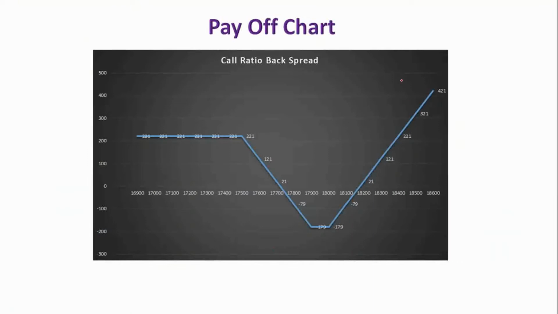You can also see the payoff chart of the call ratio back spread. This is a limited profit when Nifty goes against our prediction. If Nifty breaches the level of 17,750, we will start booking the profit. From the level of 17,500, our profit will be fixed at about 11,000.